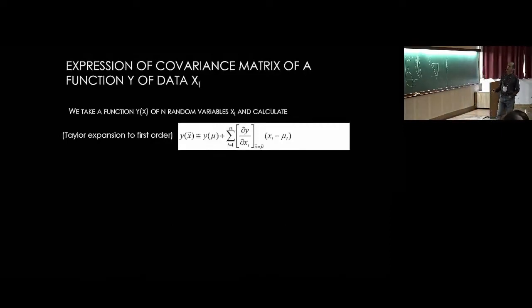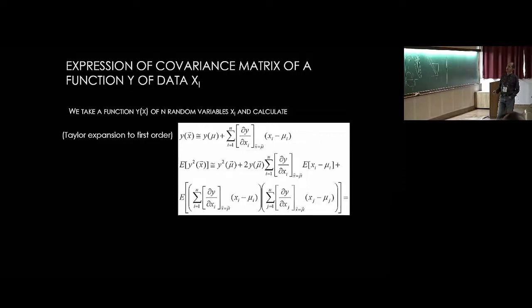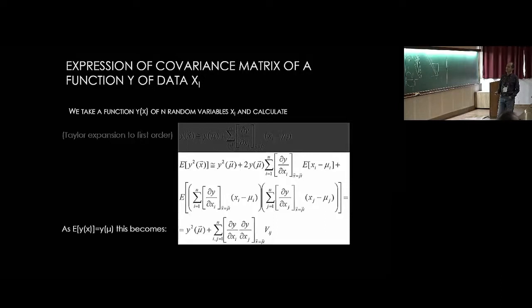So we want to express now the covariance matrix of the function of the data. We use the Taylor expansion, and then we can evaluate the expectation value of y squared, which turns out to be this expression, which is a little bit ugly. And this is the full mathematical blow up of this expression. And that simplifies because the expectation value of y of x is y of mu. These things simplify a little bit, and you get this expression that we saw.